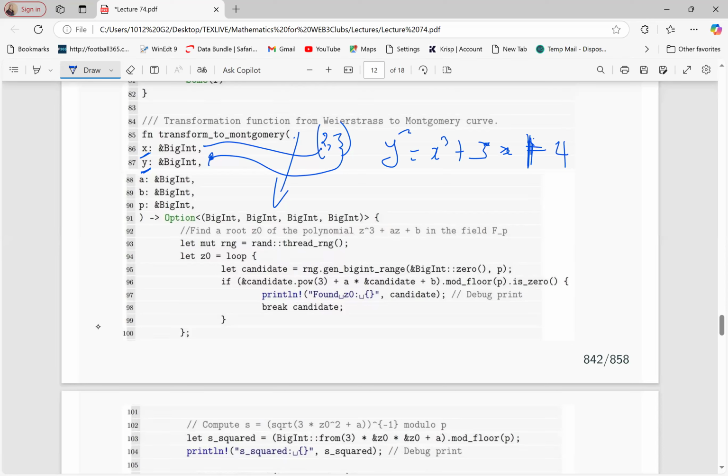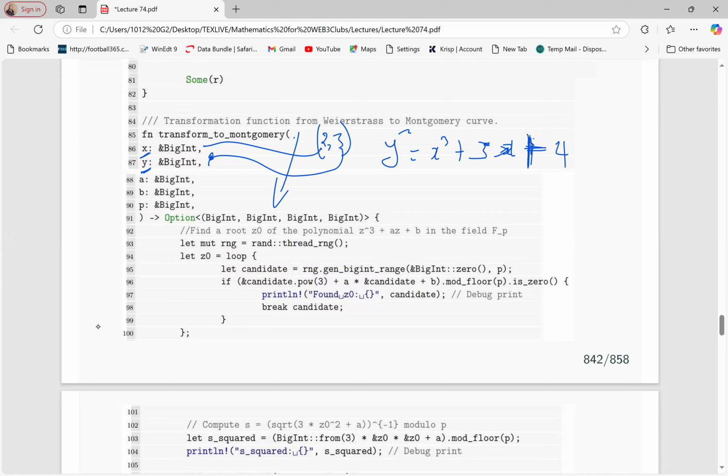Supposing this is the curve, just supposing. Of course, we have not checked whether it's an elliptic curve. So then our A will be this, which we will give it. And our B will be that, again, we'll give it.